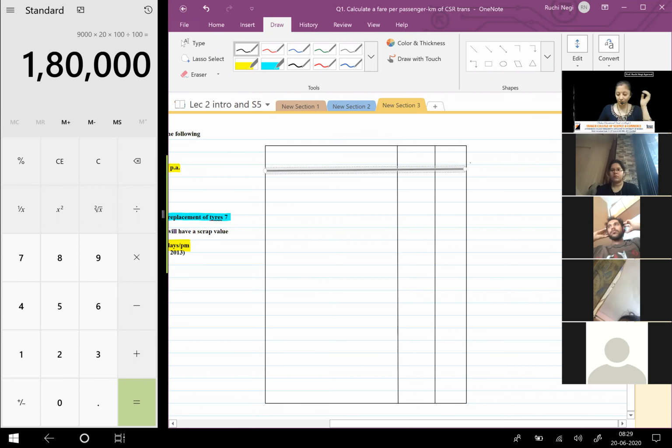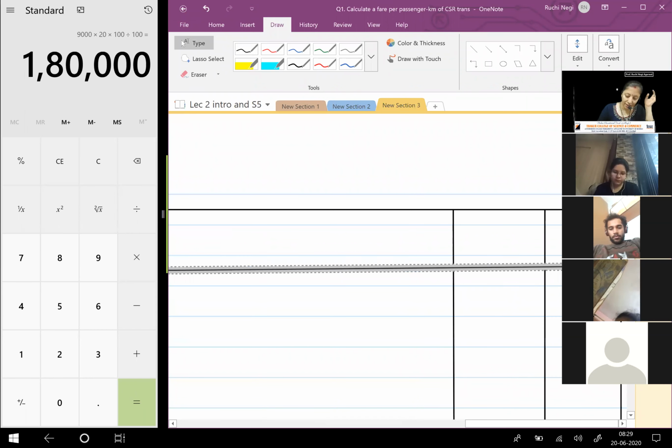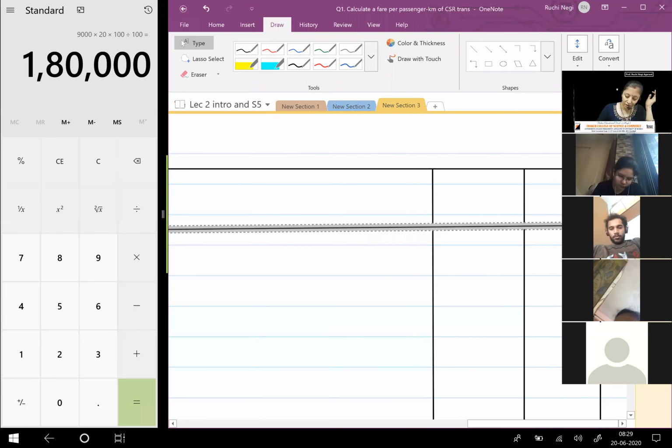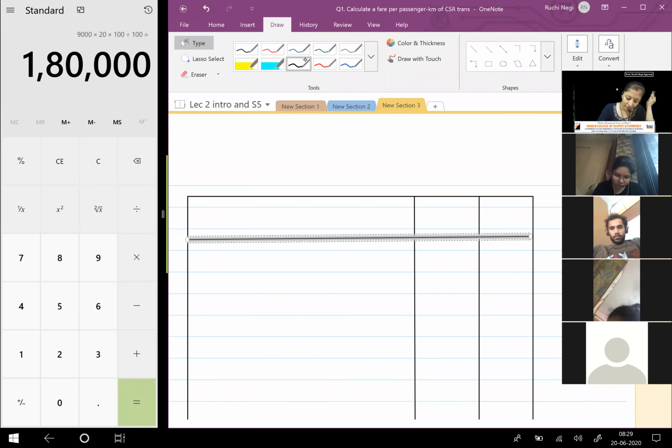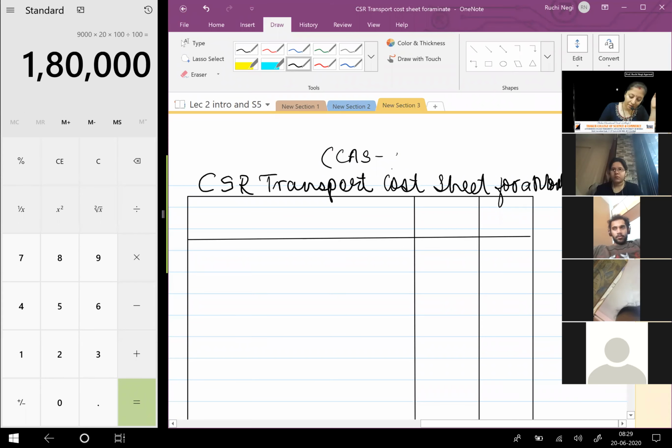Draw the cost sheet. What will you write here? CSR transport cost sheet for a month. And I mentioned CAS 5. Don't forget this.